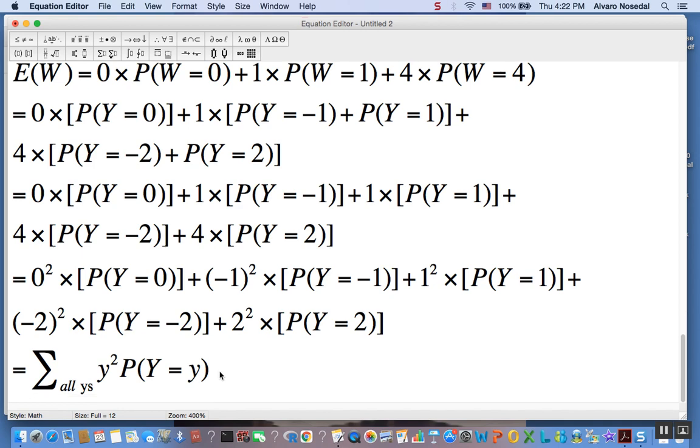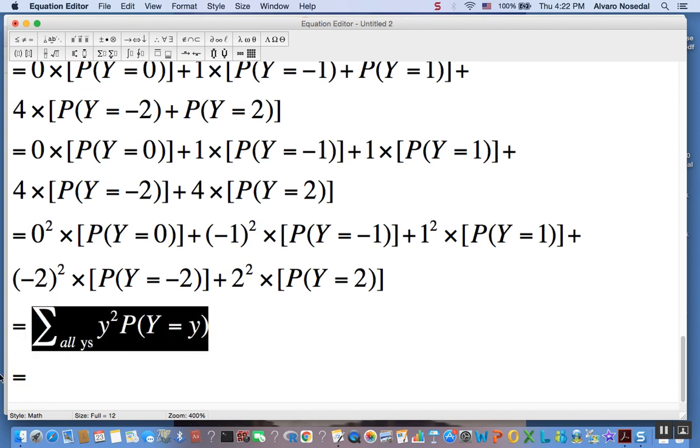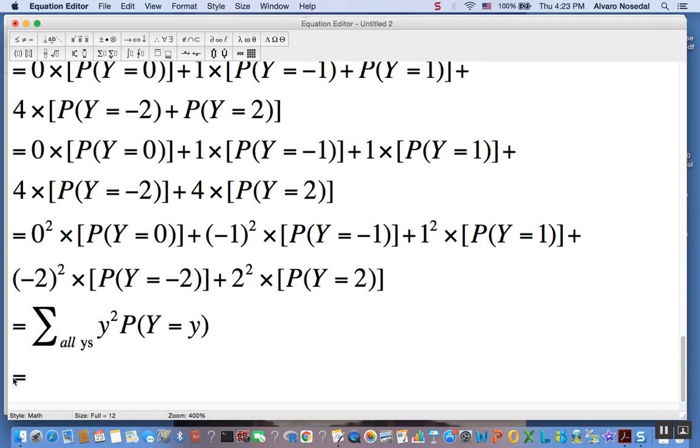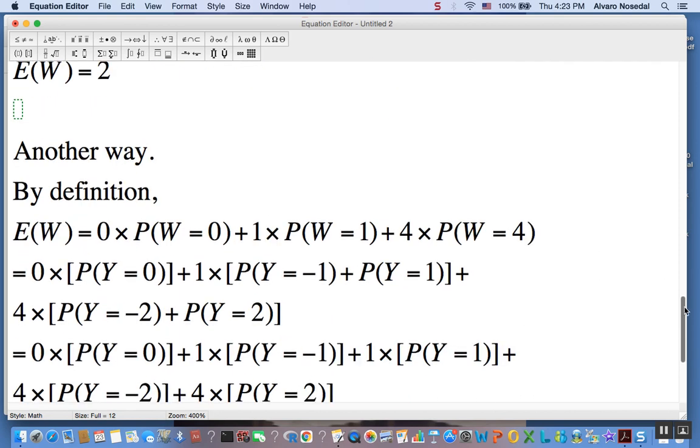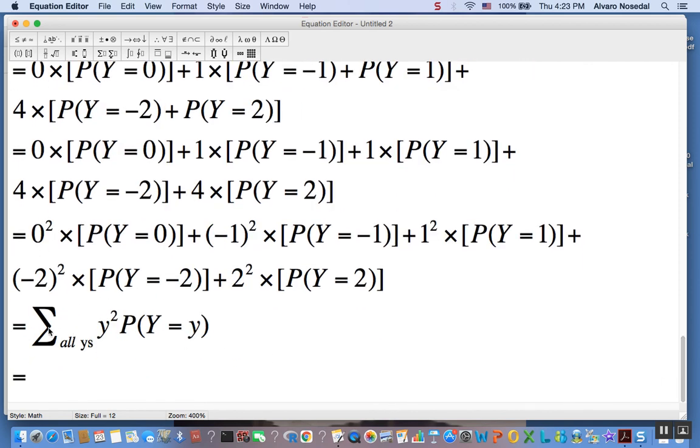But now, using more notation, what we said is that w is a function of y. So what we have found is that the expected value of w, and w represents y squared, happens to be the same as the sum over all y's of y squared times the probability that Y equals y.